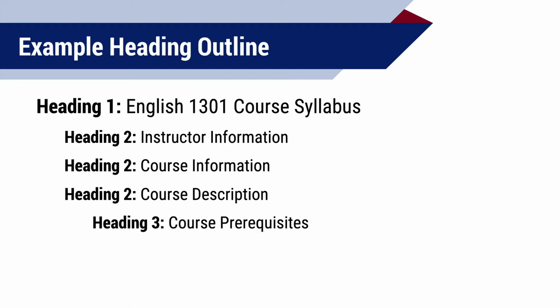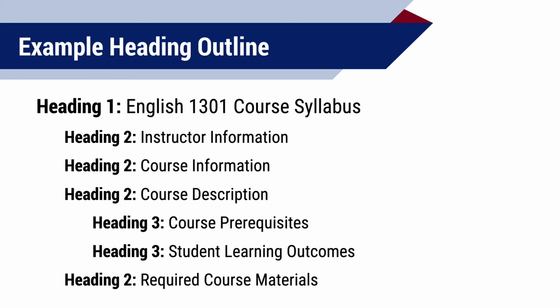Your heading 2s can also have subtopics if needed, like this example has course prerequisites and student learning outcomes under course description. And if this was a really complex document, one or more of my heading 3s might have their own subtopics, which would be heading 4s, and so on all the way down to heading 6.